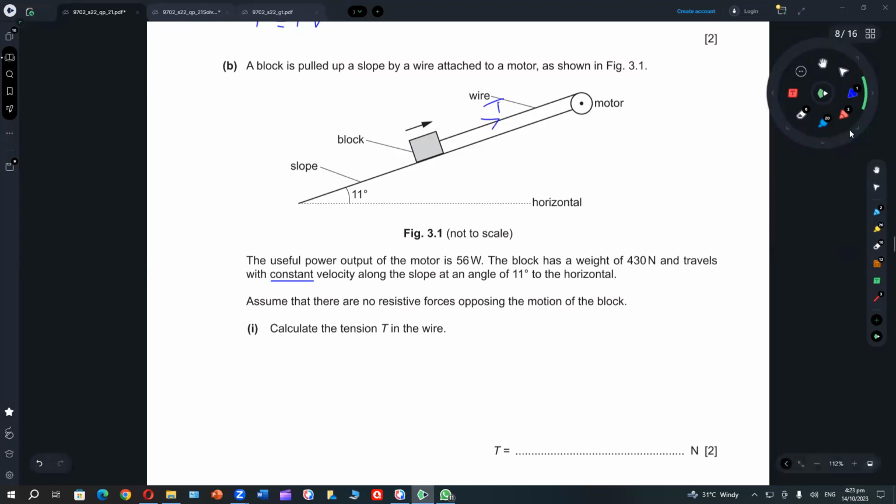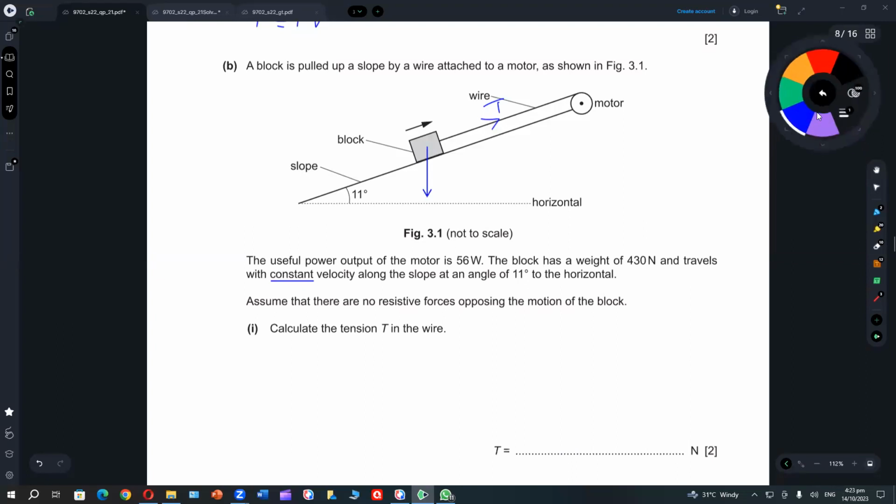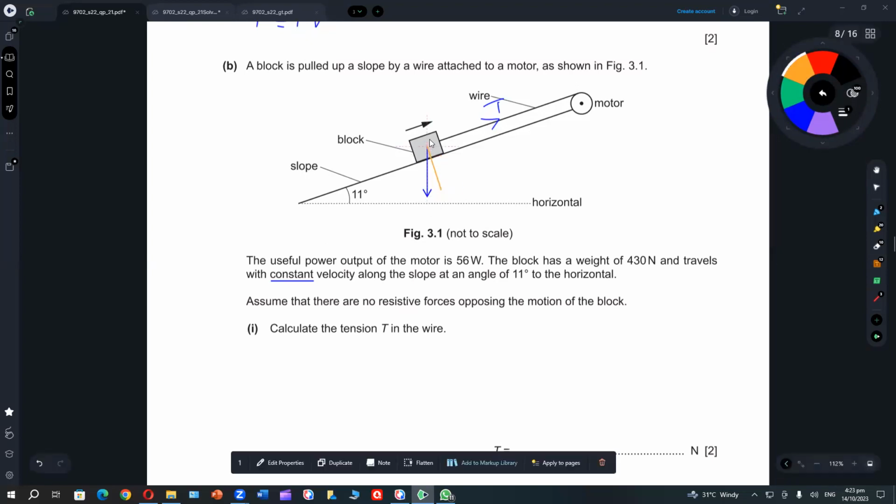So let's think about resolving the forces, and I have shown the weight. Now resolve the forces and get the answer for me.